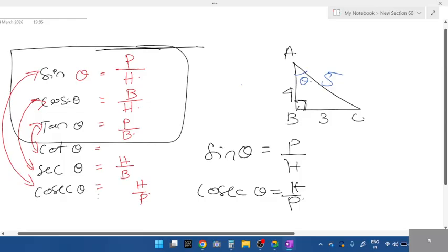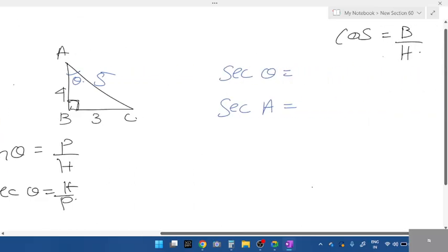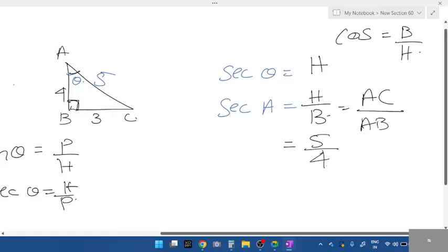Then obviously the other three will be the reciprocal of that. If cos is base by hypotenuse, sec is equal to what? Hypotenuse by base. With respect to sec A, hypotenuse is AC. What is base for angle A? AB. So the answer is 5 divided by 4.